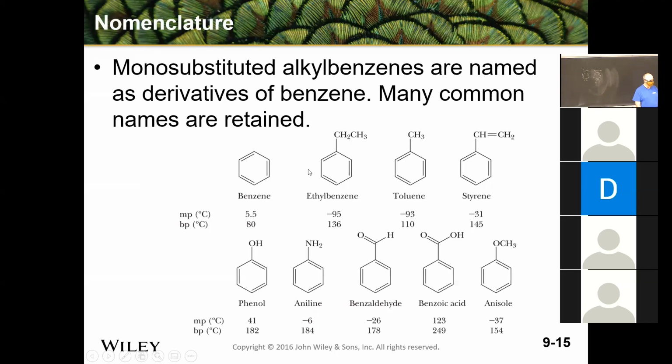Okay, so ethylbenzene is the same no matter where we put that ethyl group. It doesn't have to be up here at the top. Okay, notice here many common names are retained. Okay, they've been in use for decades, in some cases over a century or more.